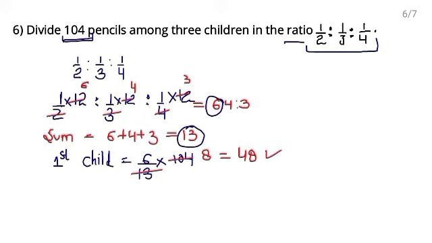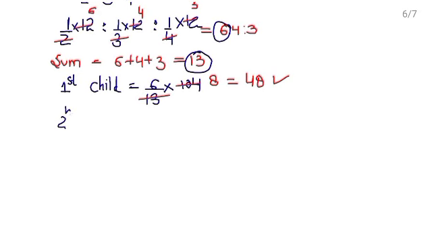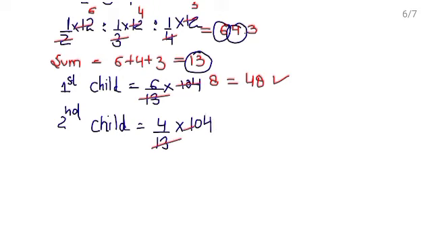So the first child gets 48 pencils. Similarly for the second child, write the ratio given for the second child, 4 upon the sum of ratios, multiplied by the total number of pencils. 13 8s are 104, so 4 8s are 32. 32 pencils are given to the second child.